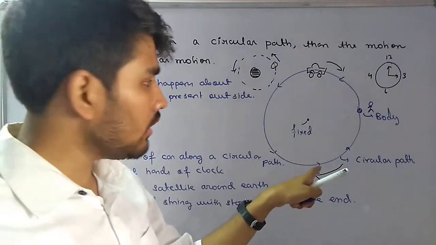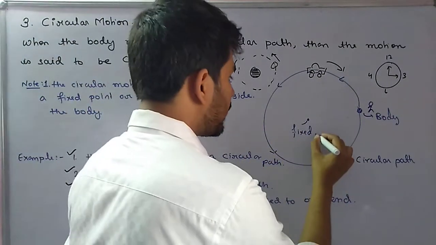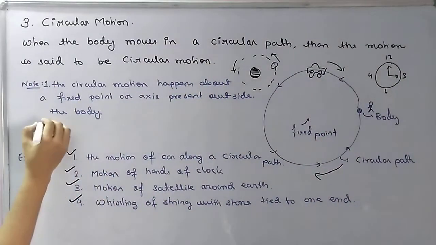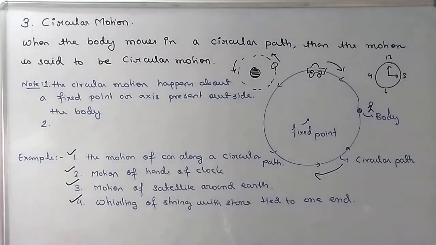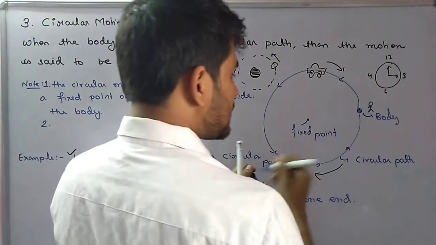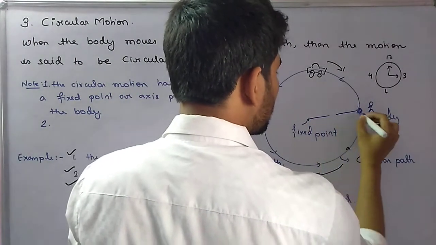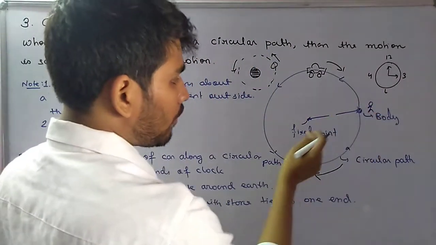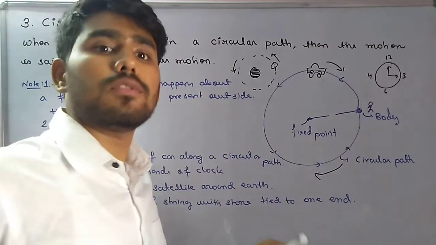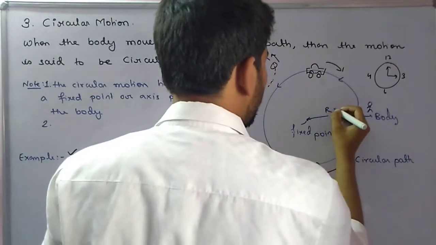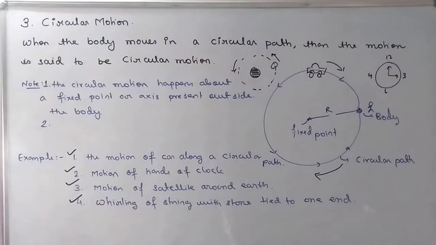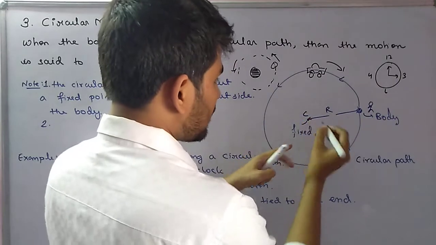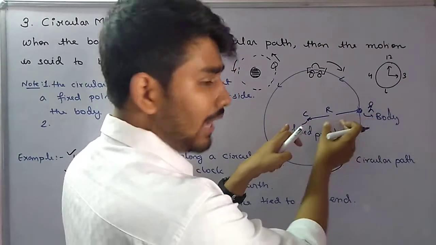moves about a fixed point which is present outside the body. And the second point is, see, the distance of this body from the fixed point is always constant, and that is called the radius of the circle. Do you remember this? If the object moves here, the distance between the center, the fixed point, and the body is r.